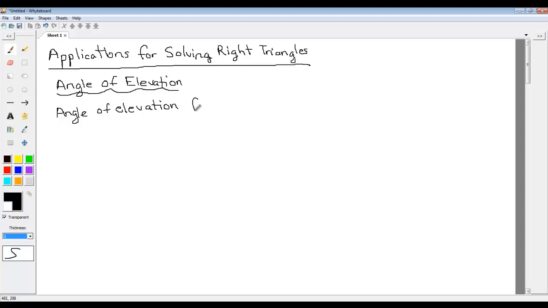Angle of elevation from the ground to the top of a tree is 60.4 degrees.